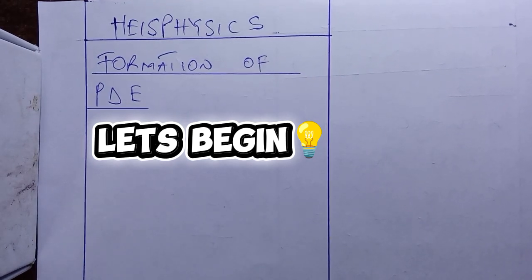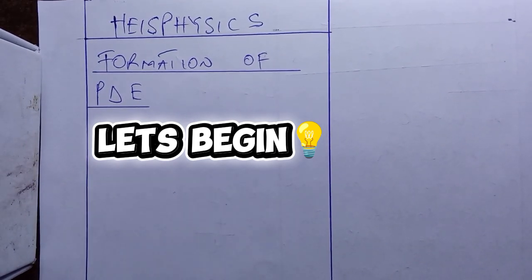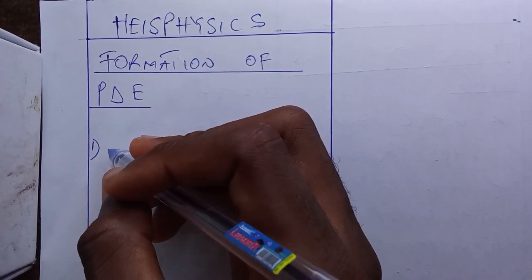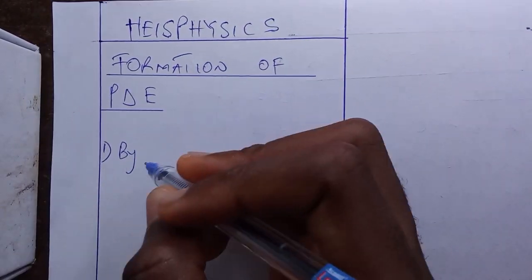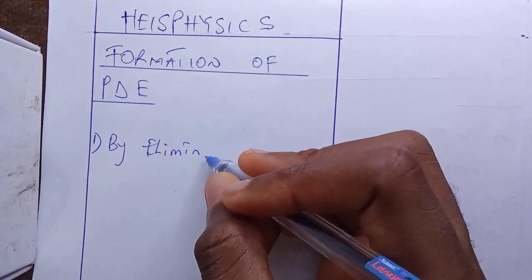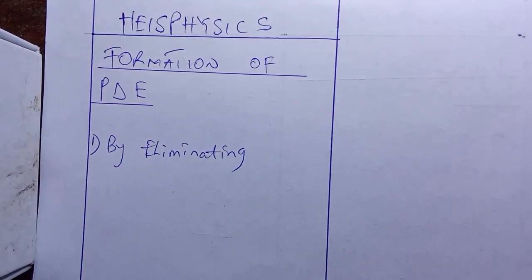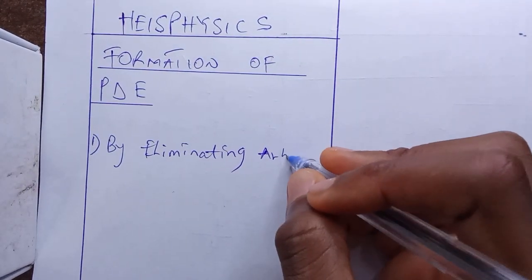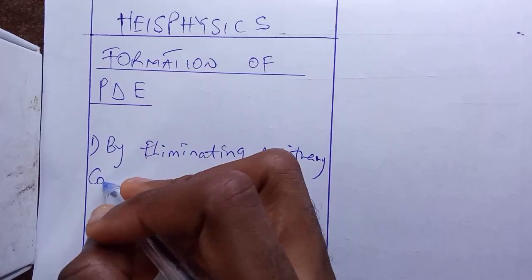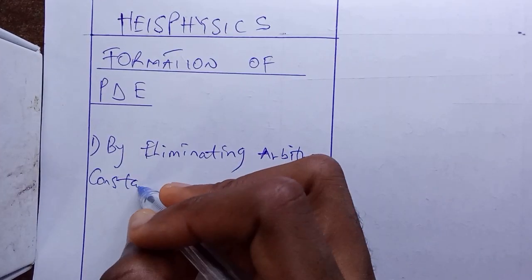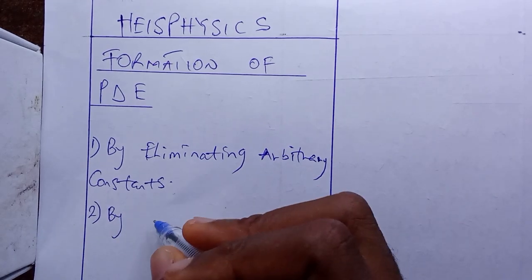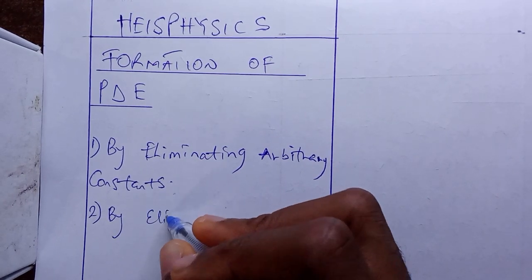So we have two major ways of forming a partial differential equation. Number one, by eliminating arbitrary constants. And number two, by eliminating arbitrary functions.